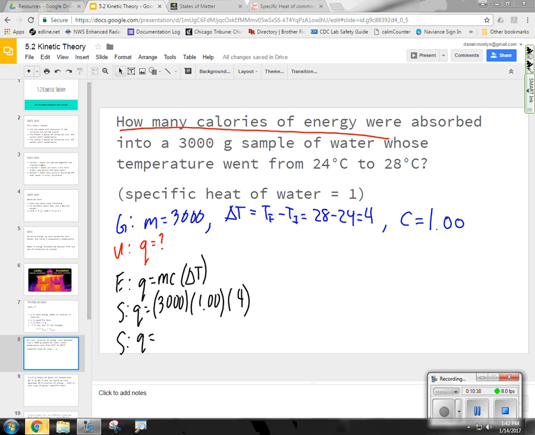So Q is equal to 3,000 times 1 times 4, that's 12,000. And the unit for heat is calories. We could just put cal down for that. And that's number 1.